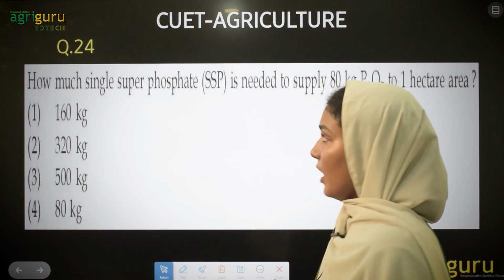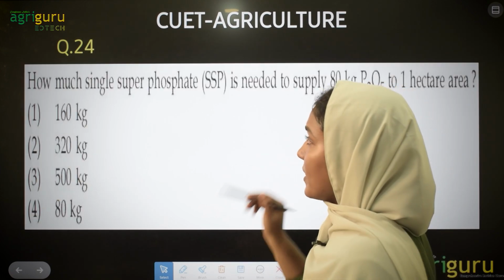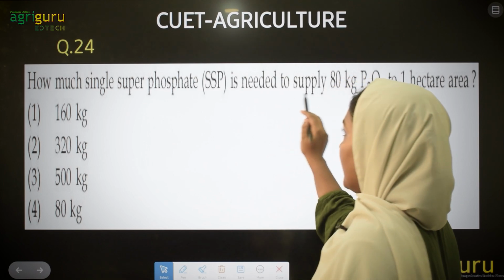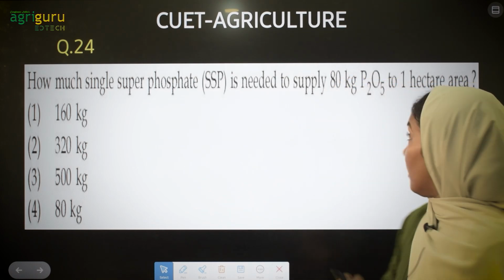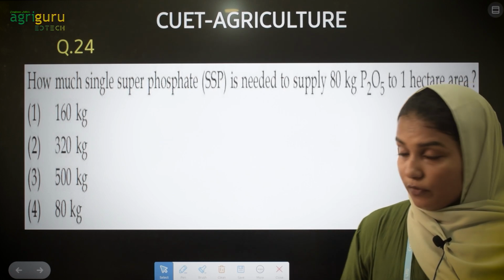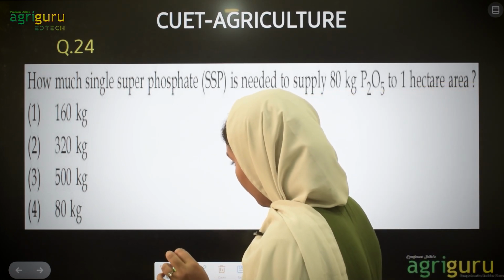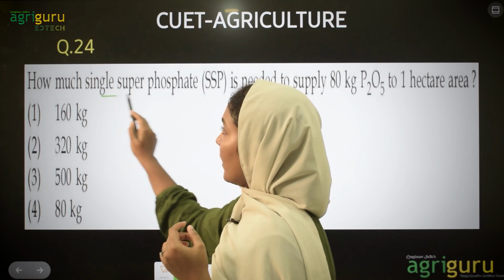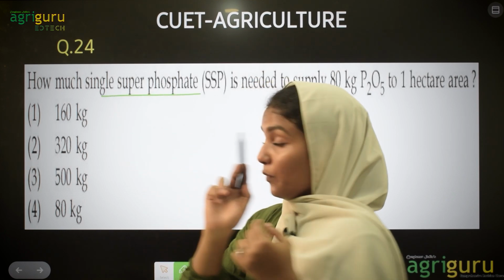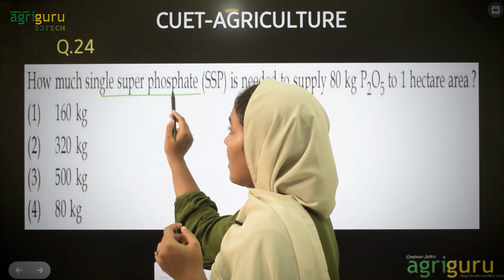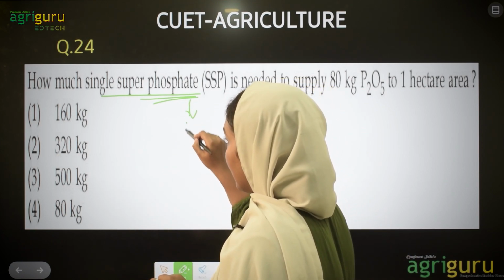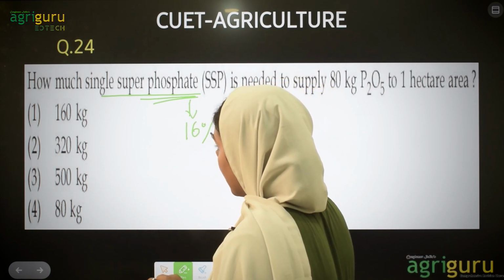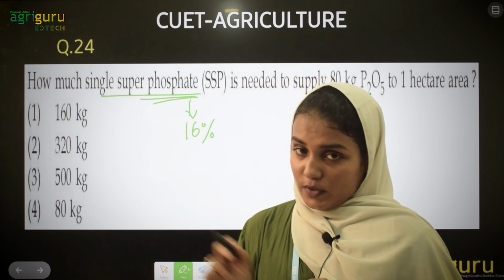The next question, 24. How much single superphosphate is needed to supply 80 kg of P2O5 to 1 hectare area? For that, we should know how much phosphorus we will get from single superphosphate. Single superphosphate has 16% phosphorus in it.